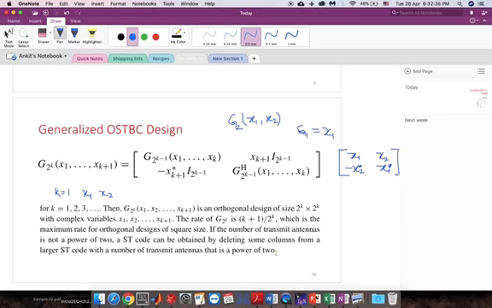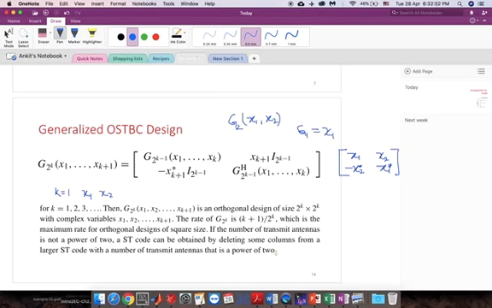So it is also an Alamouti STBC, but it's a rotated version. If you observe it, it is a rotated version of the Alamouti STBC we have been studying so far.